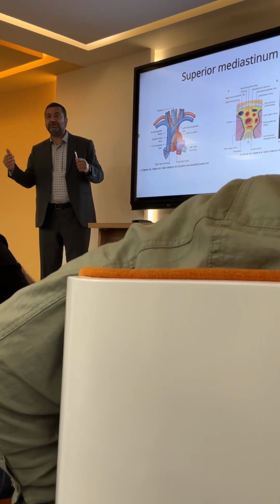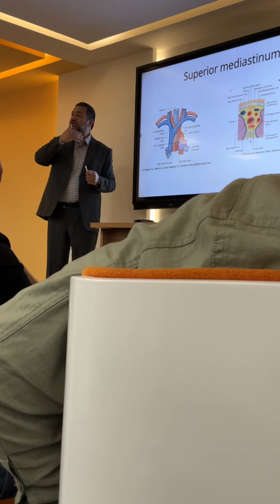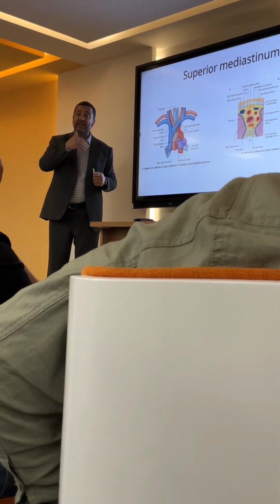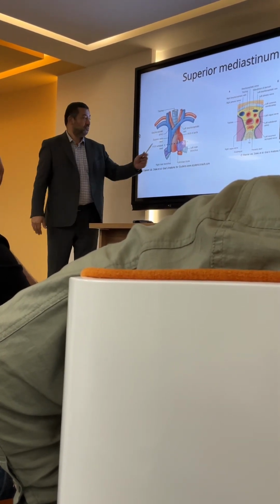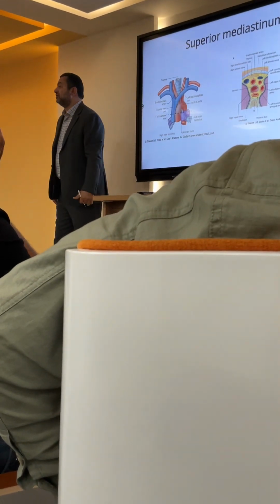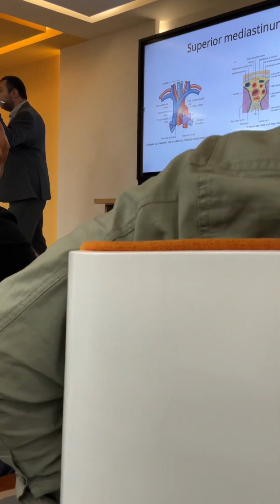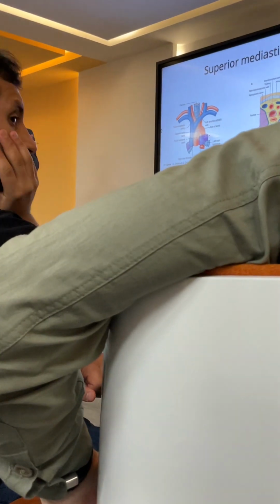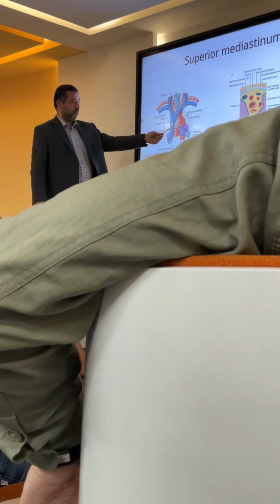From this position it goes posteriorly and to the left side. At the level of the intervertebral disc between T4 and T5, the arch of the aorta becomes the descending thoracic aorta.